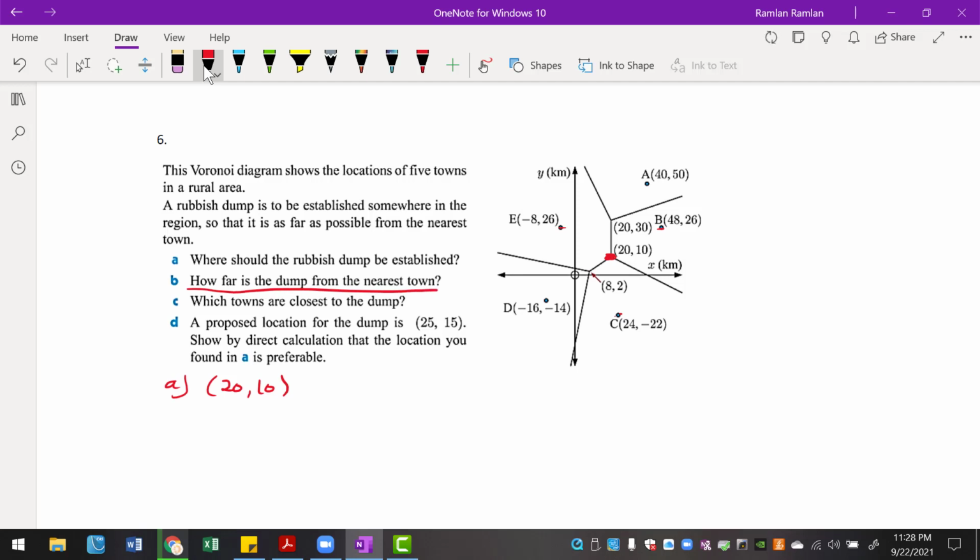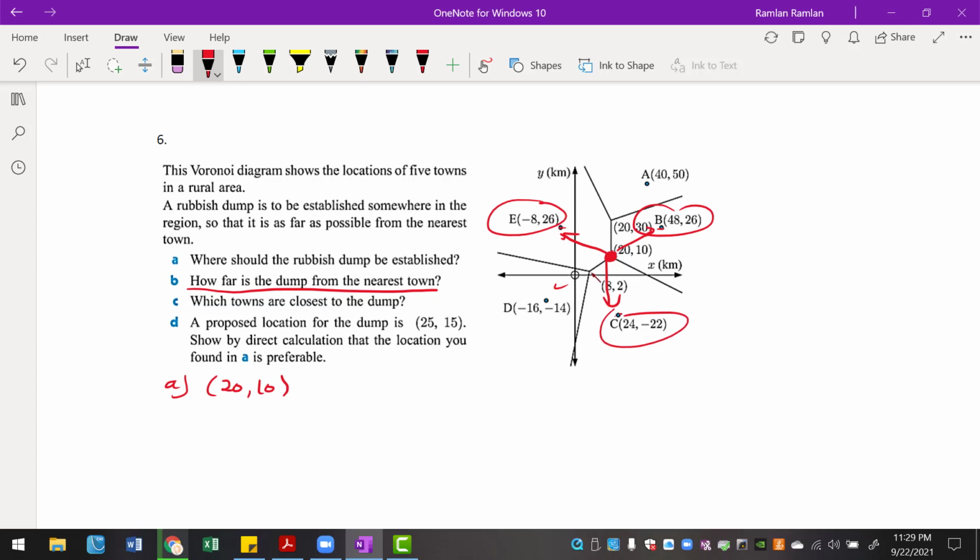So we're going to find the distance from that point (20, 10) to one of the nearest points. Because we're picking this vertex, this point is going to have the same distance to E, B, and C. It's not going to have the same distance to D and A, because the vertex that we choose, at the point (20, 10), is separating the regions of E, B, and C.